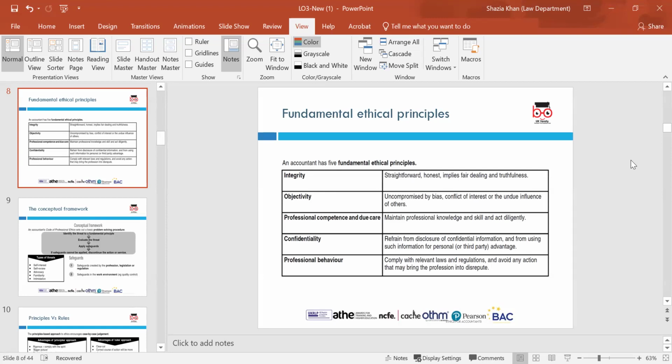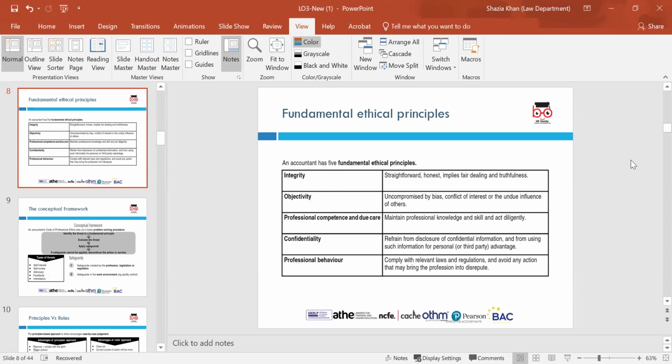Professional competence and due care, so maintain professional knowledge and skill and act diligently. Make sure you are following the codes of practice. Make sure you are following the ethics, because if you are not acting diligently, then you are breaching the ethical principles.